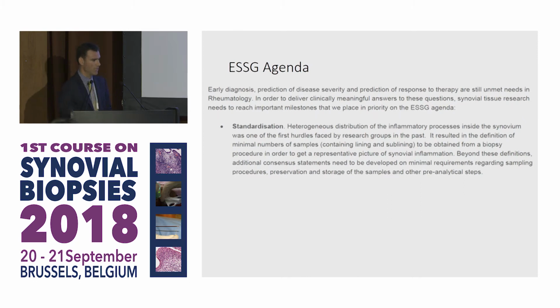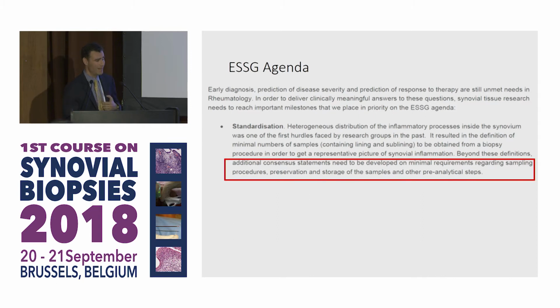So the ESSG agenda: we know that the diseases we treat in the rheumatic diseases world are a heterogeneous bunch of diseases, but the ESSG wants to seek a consensus on statements to develop minimum requirements regarding the sampling procedures, the preservation and storage, which Roger has talked about, and pre-analytical steps.